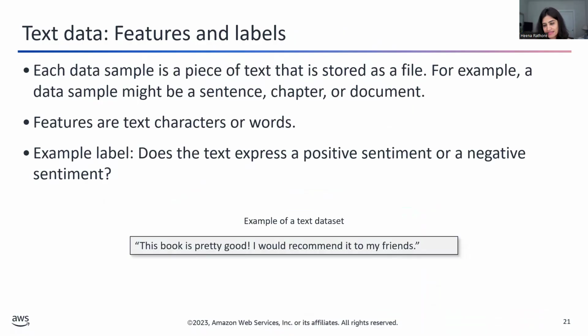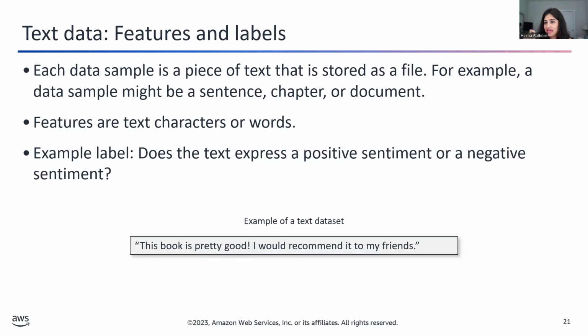In the case of the text data, as I mentioned, it could be a long passage, a long sentence that you want to learn. So here, let's suppose it's a review of a book. So this book is pretty good. I would recommend it to my friends. So it's a long text of data. So here the features are text characters, or it could be words together.